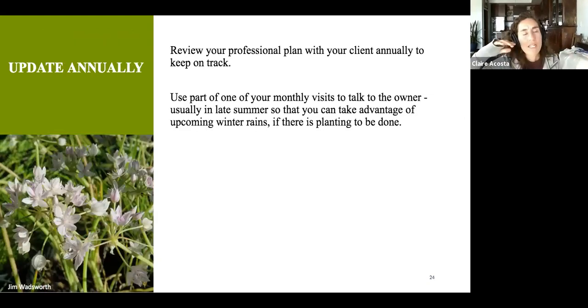And then if you do have a maintenance plan and you end up working with them, you want to make sure you're reviewing that maintenance plan regularly with the clients and updating it annually. Things change, and using part of a monthly visit to talk to them is a good time to update that plan, communicating with them about how you see their garden going forward, and what you see needs to be done, or the next steps.